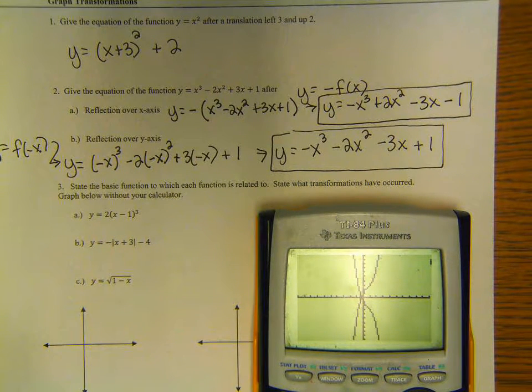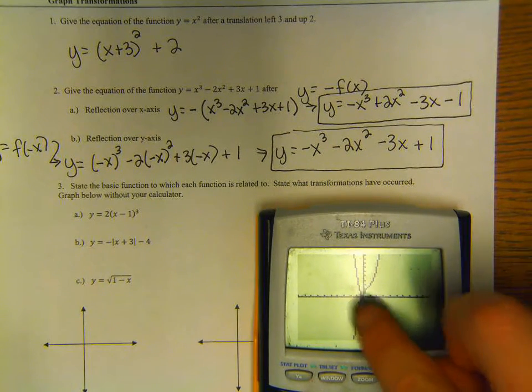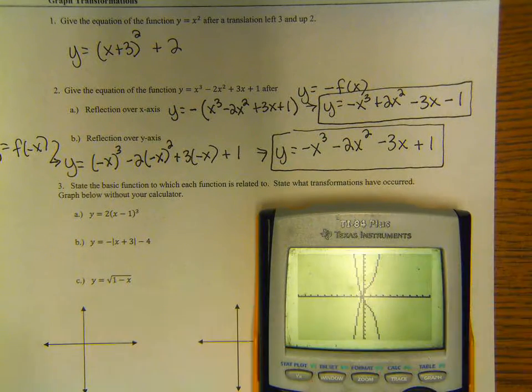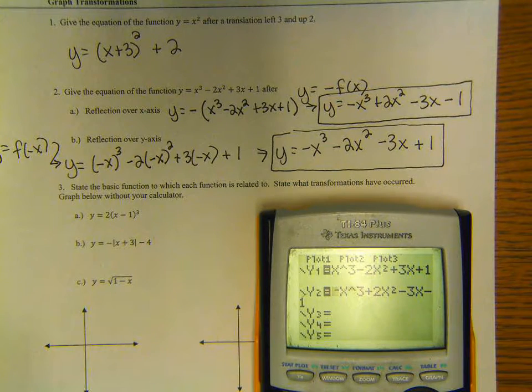Does that look like reflected over the x-axis to you? I hope it does. This went down there. This flipped up there. Okay. I mean, it does, but that's just a coincidence.